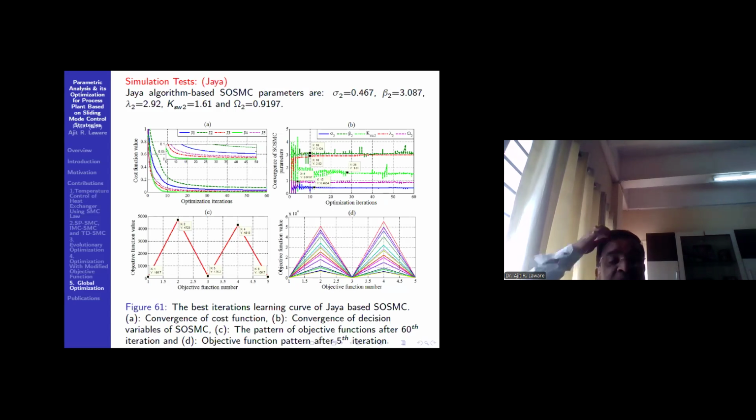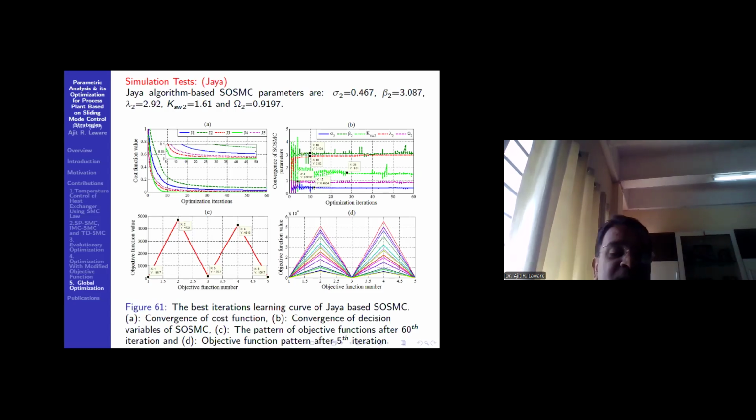So this is the simulation test. First is the cost function value, that is the convergence. If you observe here, a somewhat steady and regular pattern is observed for the J1 to J5 objective functions, and this paper consists of experimental trends of controller parameters as indicated in the B figure.